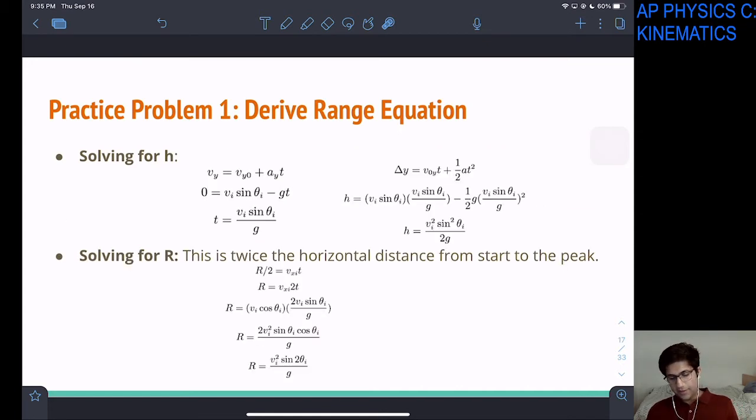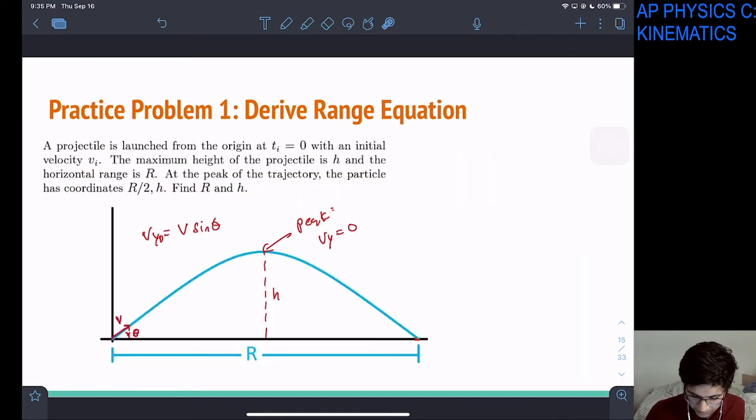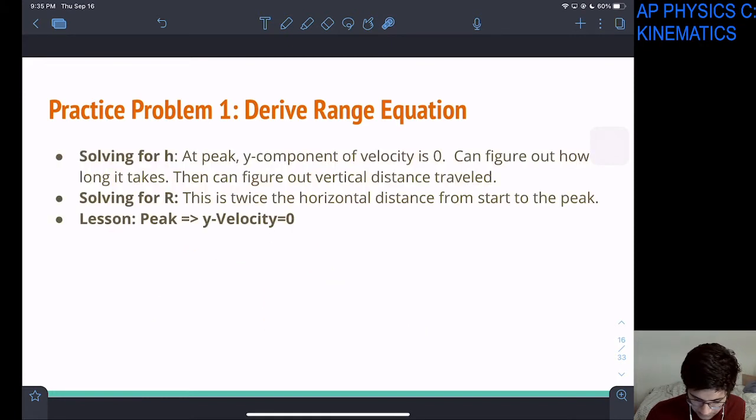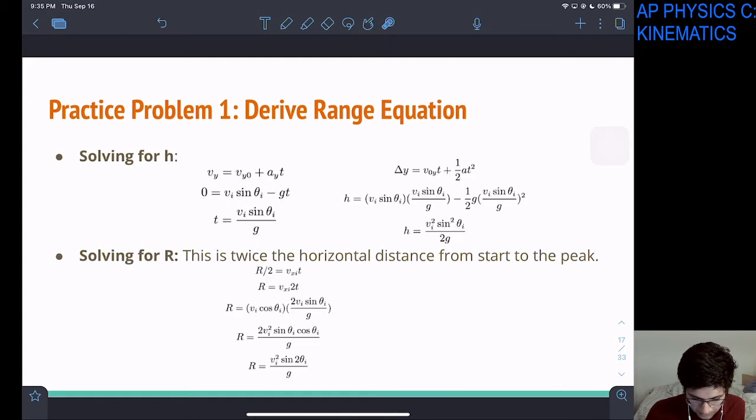Okay, so just very briefly, we'll look at the math and the answers at the bottom. Let's very briefly go through. So solving for h. Remember h over here is our height, right? So this is our final velocity.